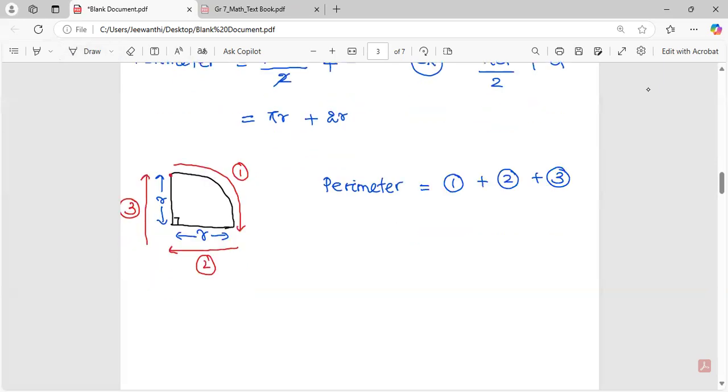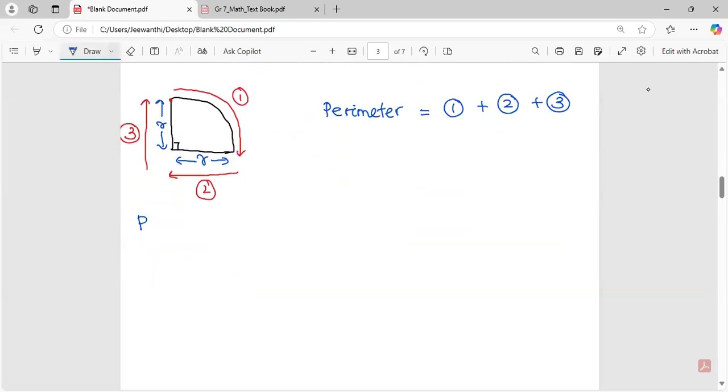So now we will write the formula. How to get the perimeter? First we take the curvy path. The curvy path is 2πr, which is the full circle. But here, do I have a full circle? No, I have only a quarter of the circle. Therefore, I divide this by 4, and I add r and another r.